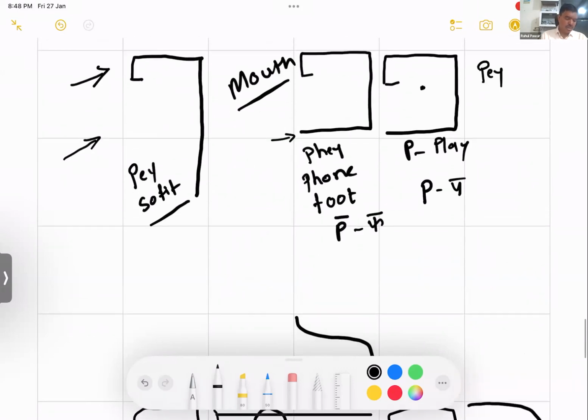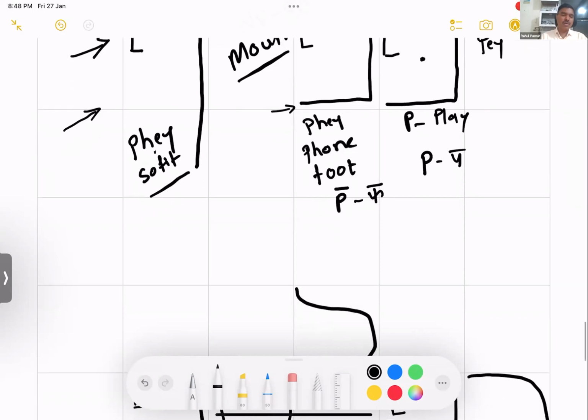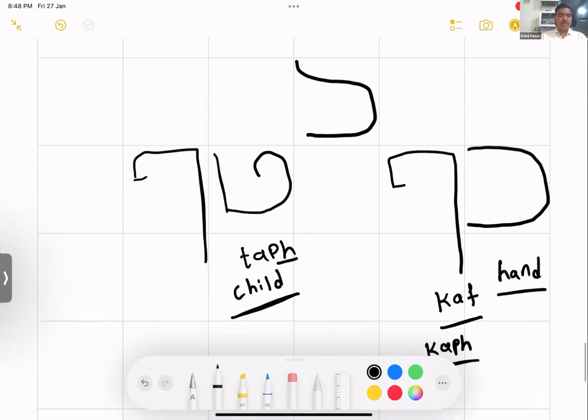So I will just make a correction over here. It is actually a Pe Sofit, P-H-E-Y. At the end of the word, when this Pe comes, it gives an F or PH sound, as in phone.